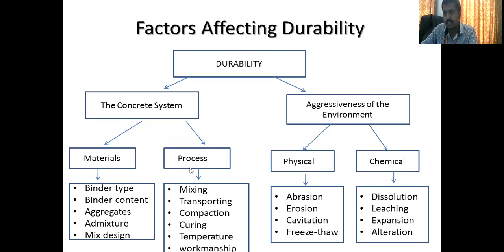How you have done the mix design, whether as per IS or whether you have followed any other system. Then in the case of the second, that is process, how you have made the concrete. It may be the mixing of the concrete, transporting, compaction, curing, temperature, and the workmanship. Everything is very important for us, which will affect the durability.